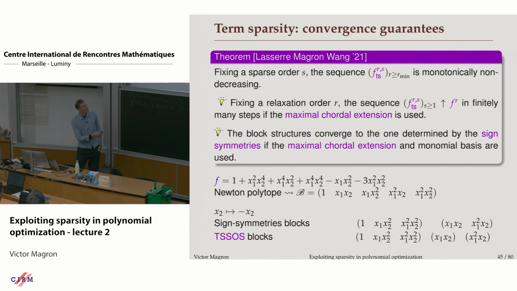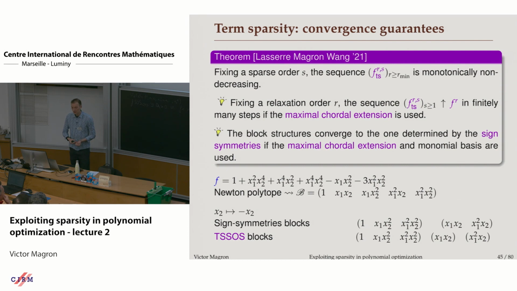So the reason why it converges to sign symmetries is because at the end, your graph will stabilize at some point. If you are not lucky, it will stabilize to the complete graph. And in the other scenario, it will stabilize to this setting. And this stabilized graph is invariant under the support extension. So you know the support extension is the fact that every time you have a product, you will look potentially for terms such that when you multiply them, you get the same product.